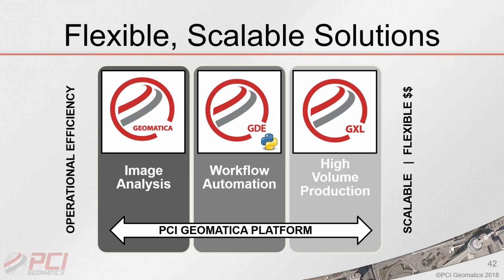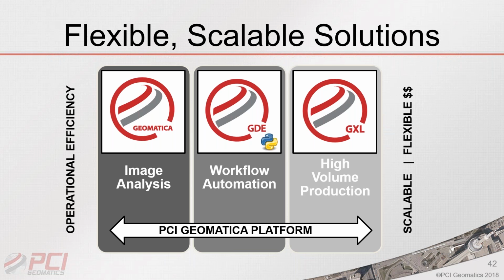Now, when you talk about implementing this, of course, for those of you who know our company, you will know that our technology is based on a platform. We call it the Geomatica platform, and it has hundreds of algorithms in there. Those algorithms can be deployed in a variety of different ways. They can be implemented within Geomatica, so a single compute environment on a desktop or a powerful computer locally.